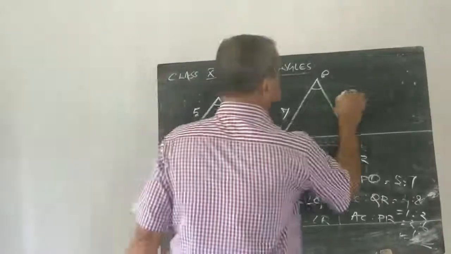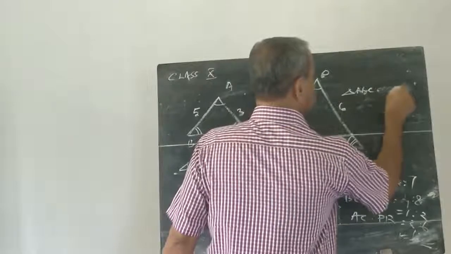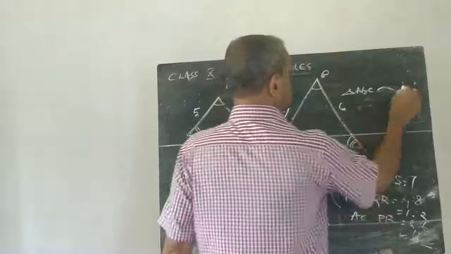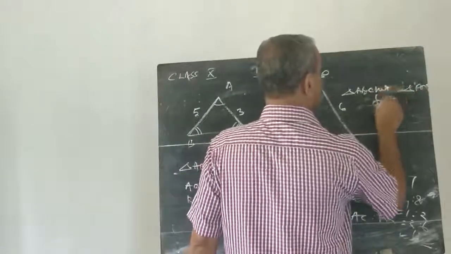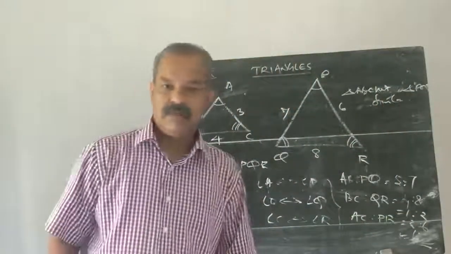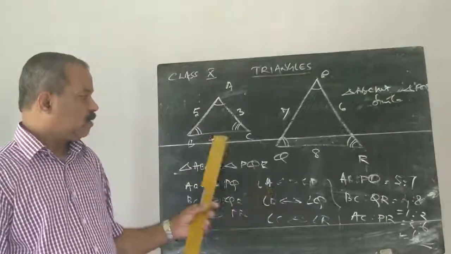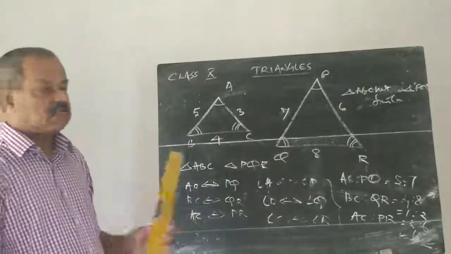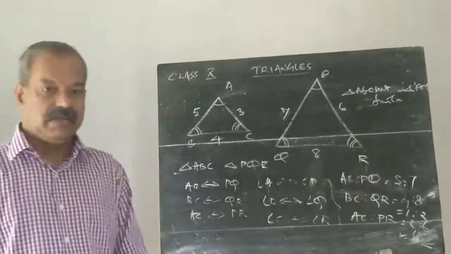Triangle ABC is not similar to triangle PQR. This is the symbol for similar. So two figures, whether triangles or any polygons, are called similar if their corresponding sides are proportional and the corresponding angles are equal.